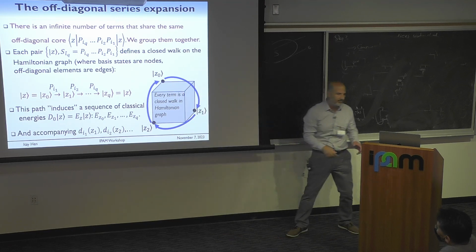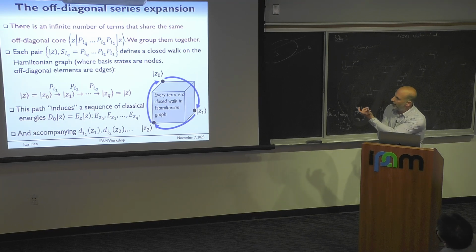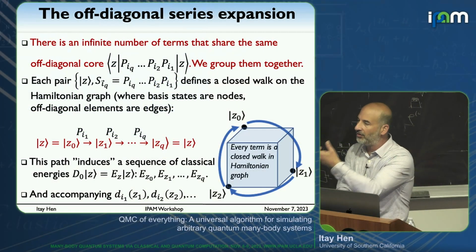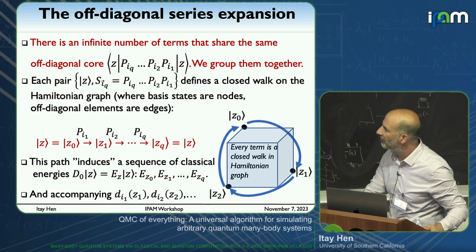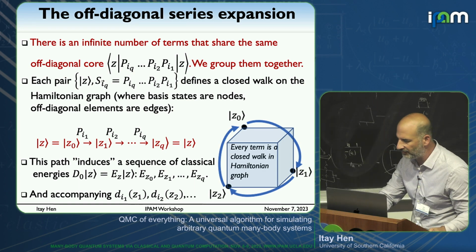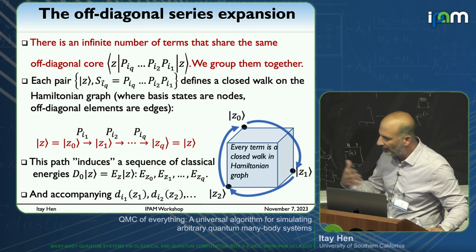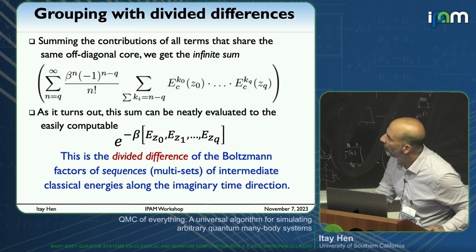Not going to go into that, but the point is that every configuration, every pair of a basis state and a product of permutations, is a closed walk on the Hamiltonian graph. So it has a really nice graphical interpretation of what's going on.